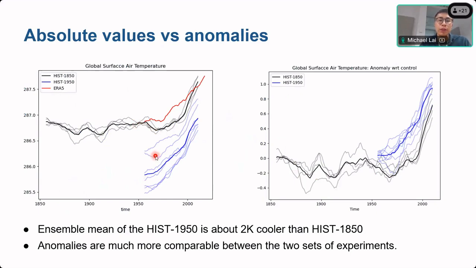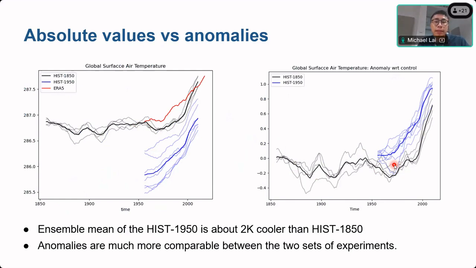However, if you look at anomalies defined with respect to the control, so if you remove the control, the time series are a lot more comparable. The Hist-1950 is only about 0.2 Kelvin warmer, and that could just be to do with the ensemble spread.